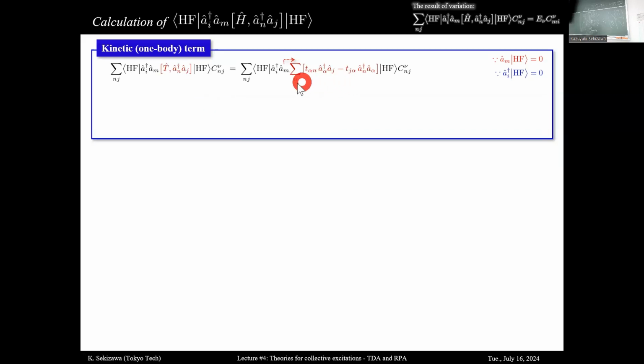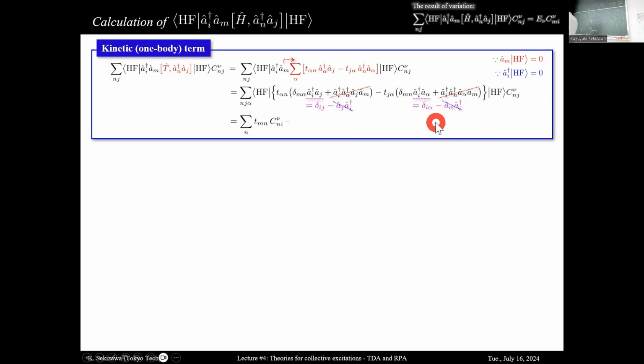Then what you do is move this annihilation operator to the right and calculate those terms. You can find that those 2 terms vanish, and you can also use this Kronecker delta. This is the result.